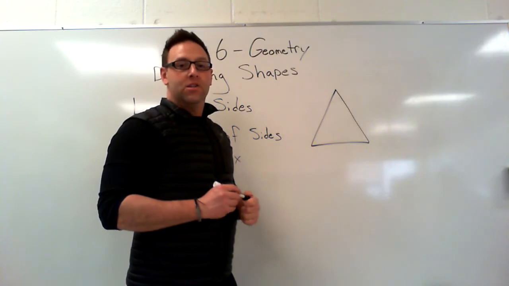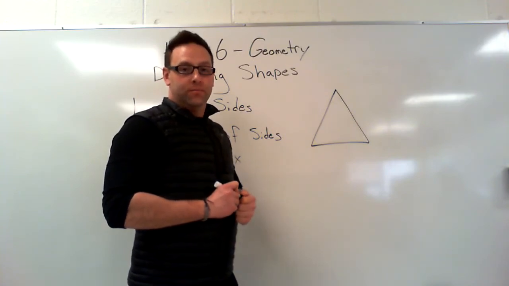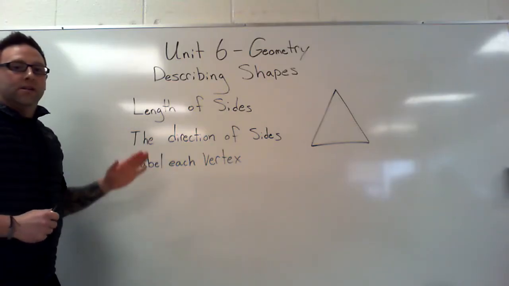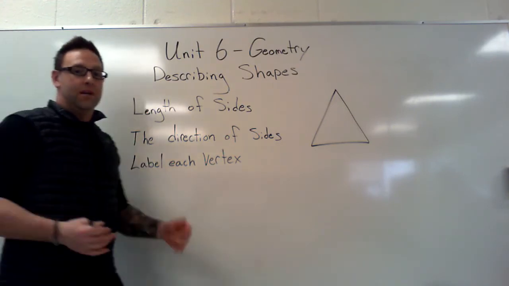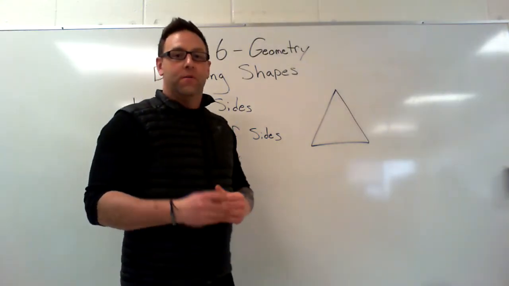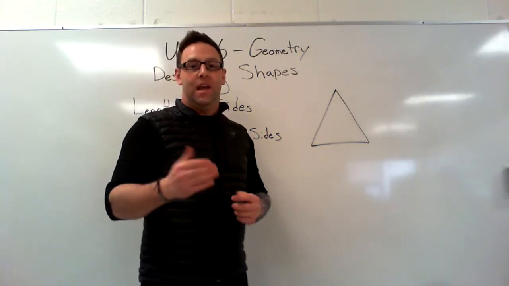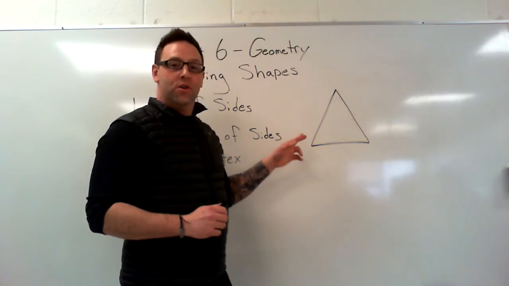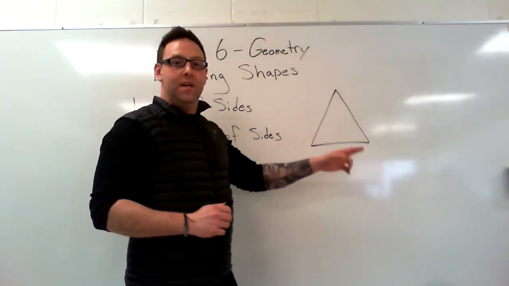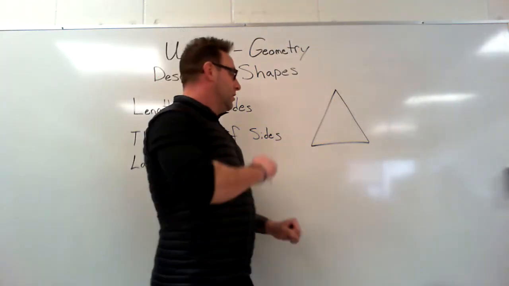All right, let's talk about the next attribute. For this one, it says label each vertex. What does that mean? Well, like I said before, vertex is a fancy name for corner. So we're going to label all of the corners where the lines meet of this shape.